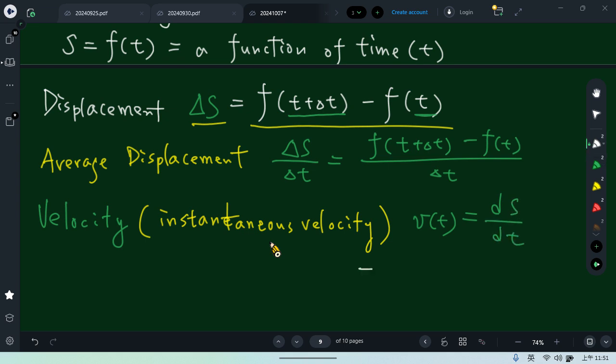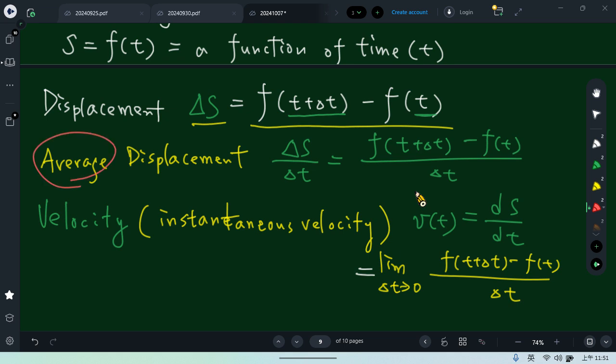That means we are talking about the limit as delta t is approaching 0 of f of t plus delta t minus f of t, over delta t. So you can see that this is the average change for the motion. This is the instantaneous rate of change for the motion.